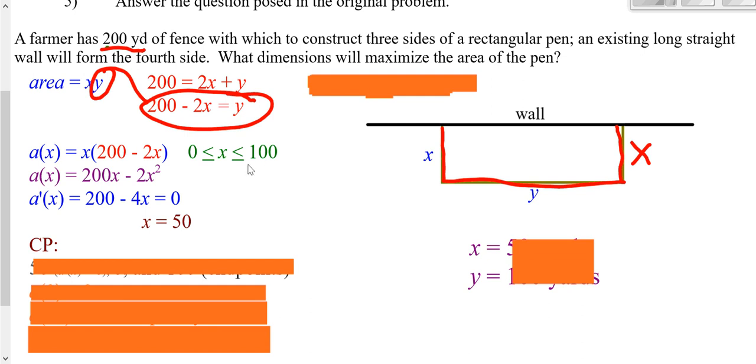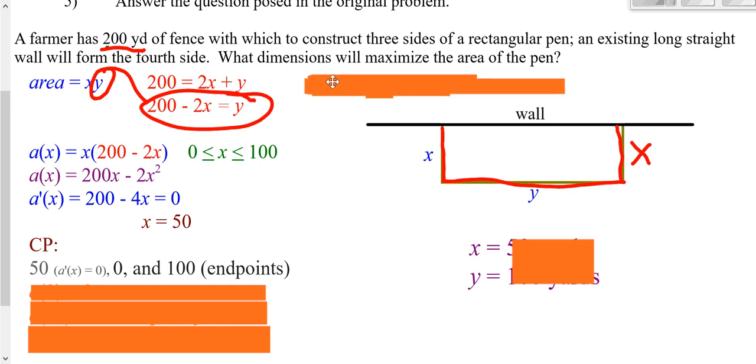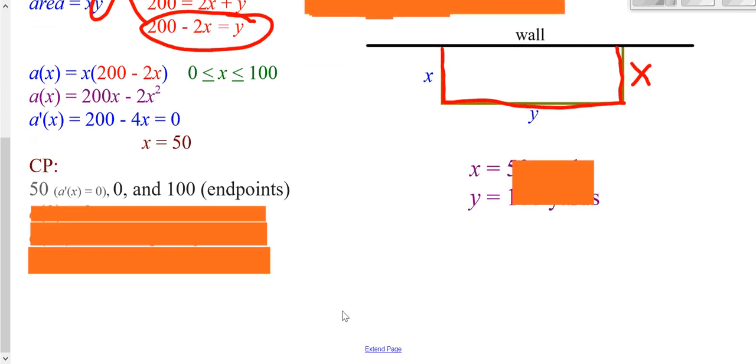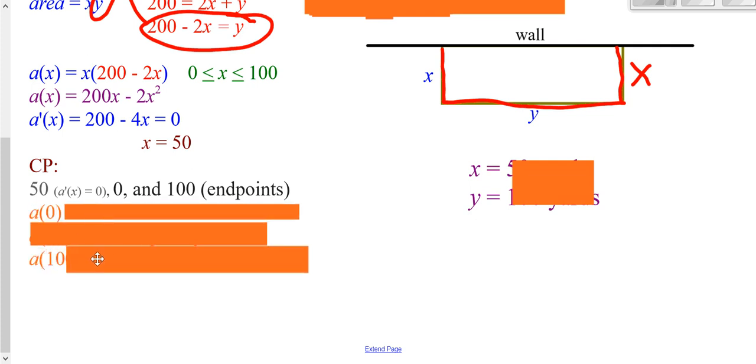So your critical points that we're going to check are 50, because that's when your derivative is 0, and the two endpoints. And there's two ways to do this. You could do it like we did in section 1, checking your two endpoints and your critical points and plugging them into your original function.